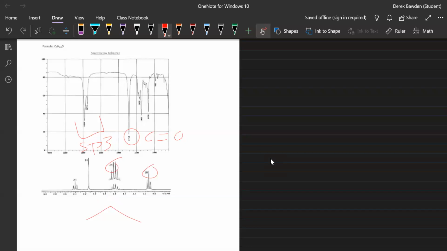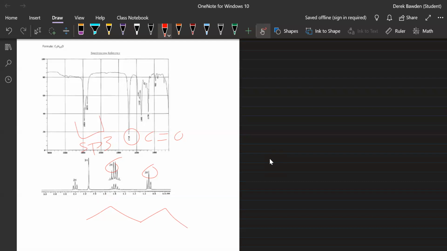Okay. Then we know our chemical formula is C5H10O. So let's go ahead and just, as I like to do, I like to start with my carbon chain, okay?